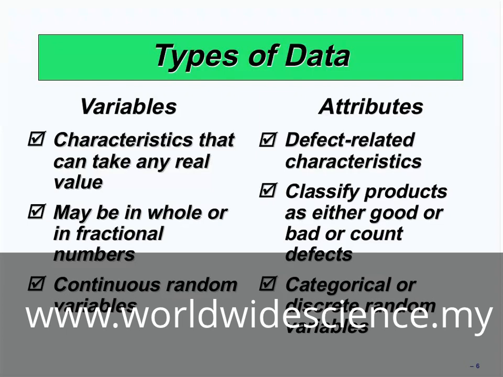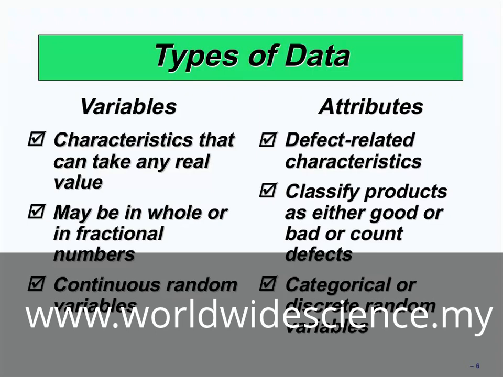They can be measured by a tool, for example, by a meter, by a scale. They can be directly measured. They are variable, maybe in whole or in fractional numbers. Continuous random variables.